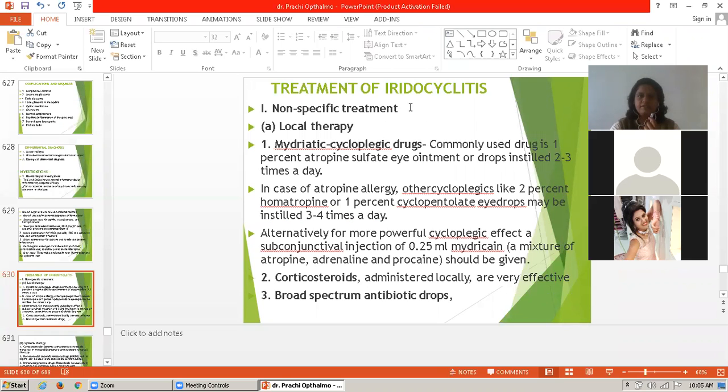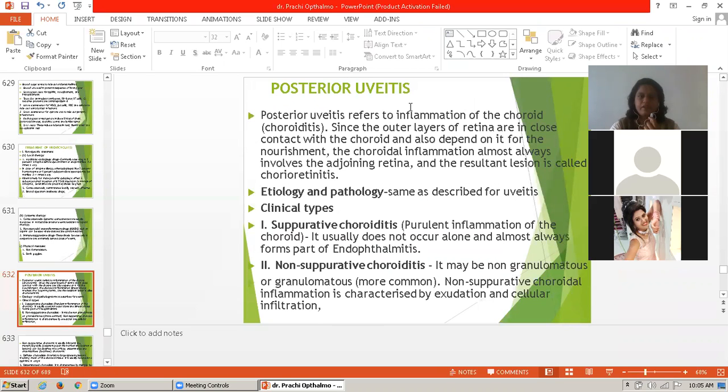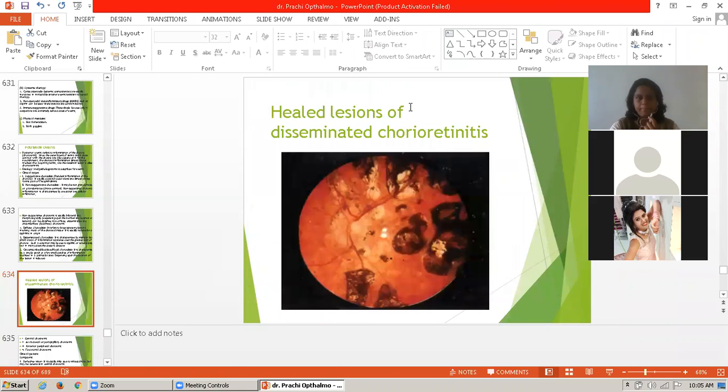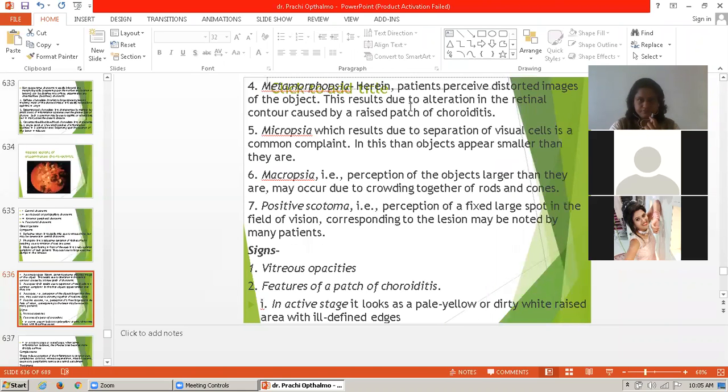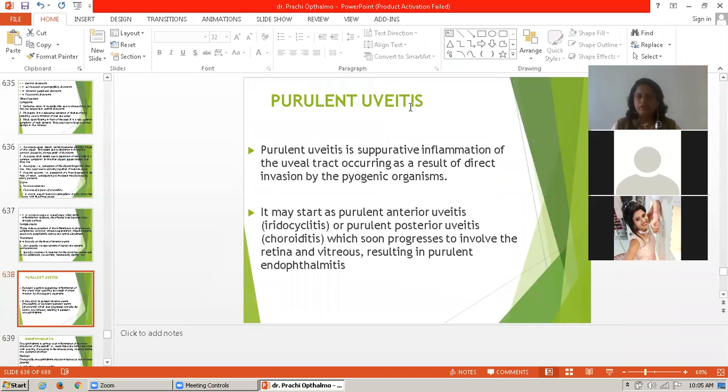Then treatment, and the next topic we learned in yesterday's lecture was posterior uveitis. So our today's topic is the other types of uveitis.